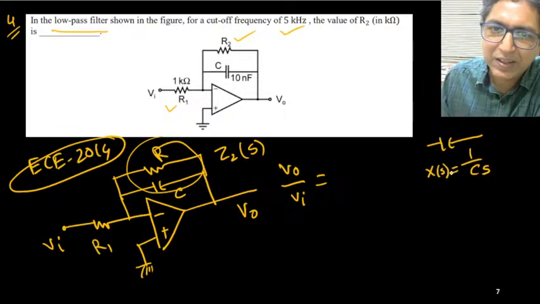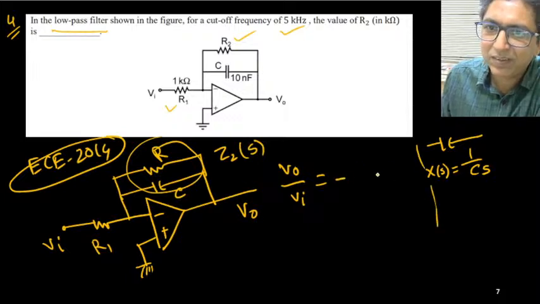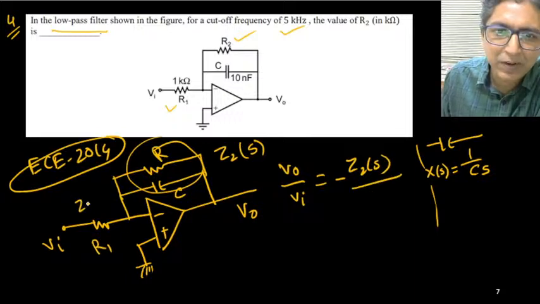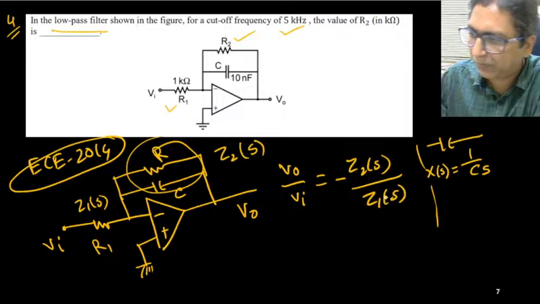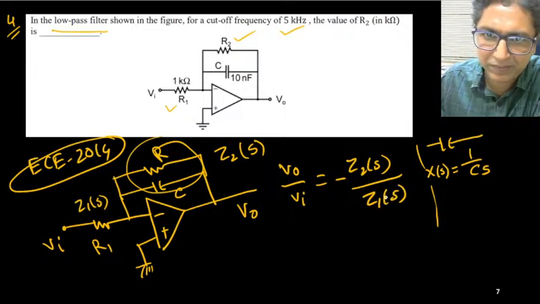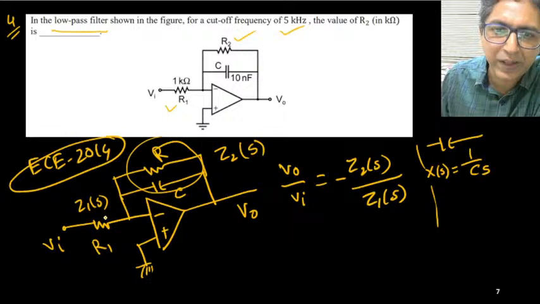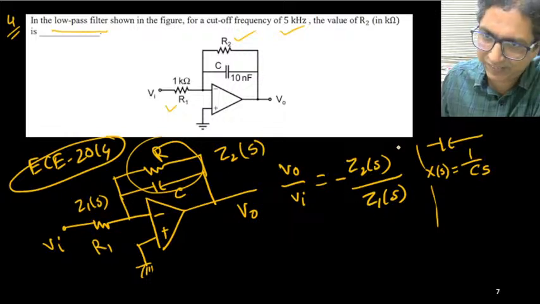We can replace the capacitive reactance by 1 upon Cs. Okay. So you know that it is a simple op amp inverting type amplifier. So it is minus Z2(s) by its impedance, suppose Z1(s). This is very simple. Z2(s) upon Z1(s), that is the gain factor.